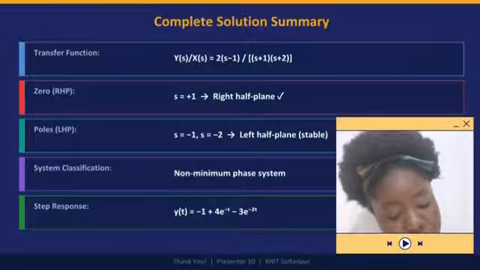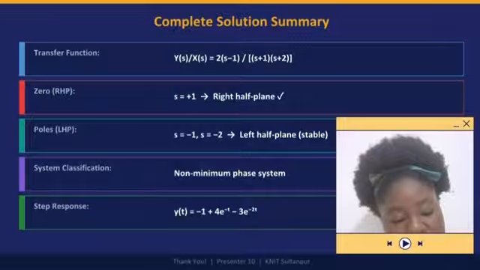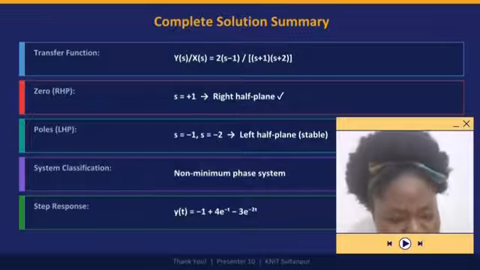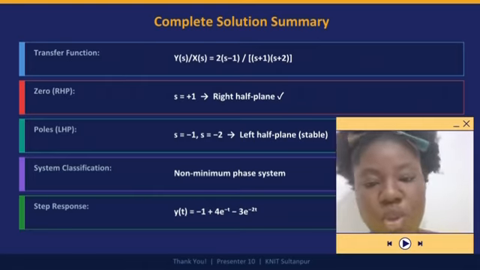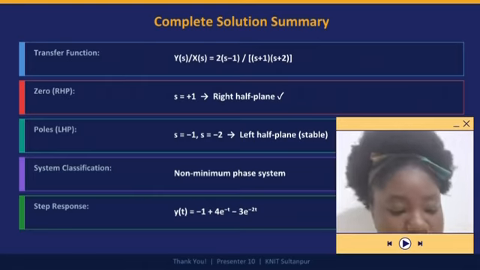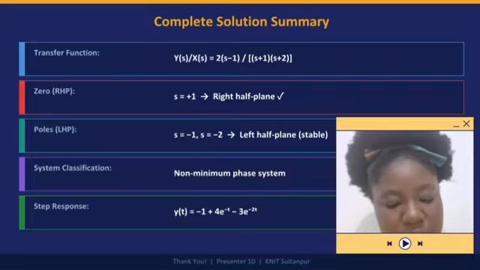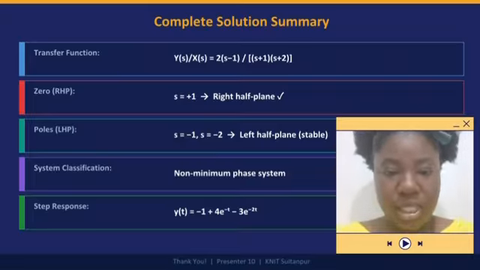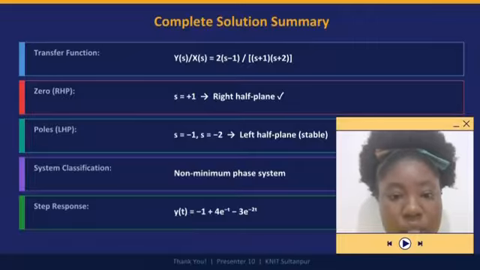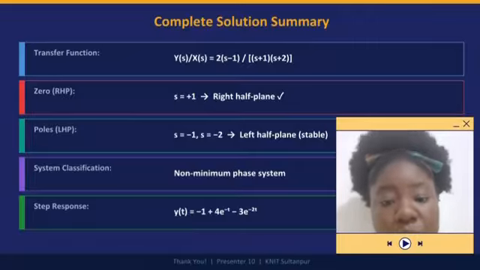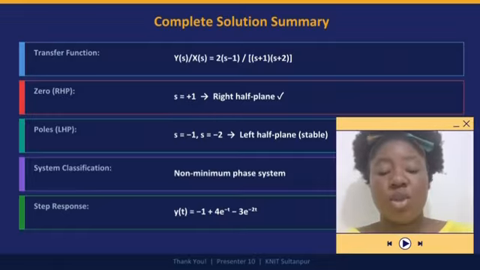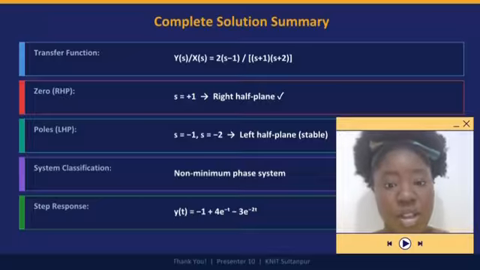Then fourthly, we classified this as a non-minimum phase system due to the right half plane zero. This was a very important distinction because the system is stable, but it exhibits non-minimum phase characteristics.